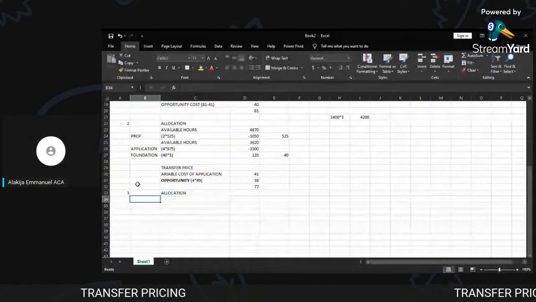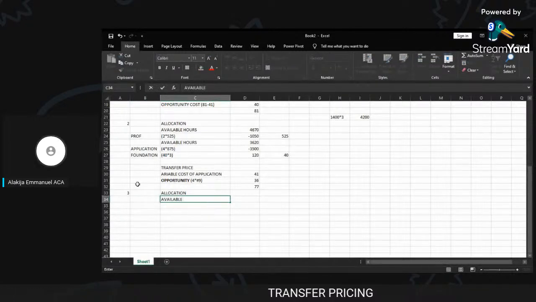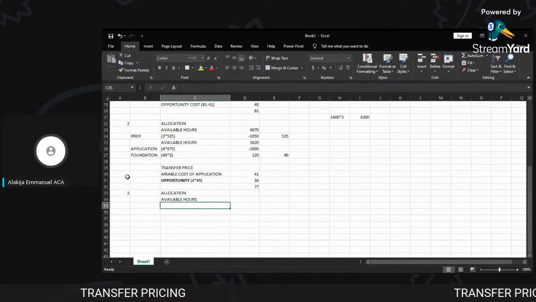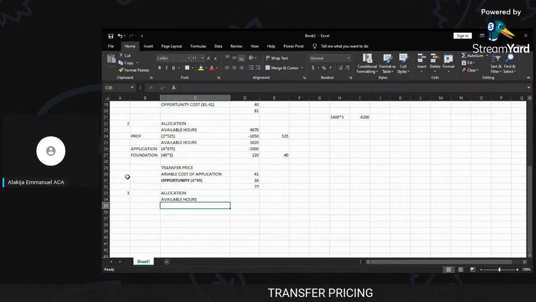Allocation. So we have changed to available hours. Available hours has been increased to 8,870.